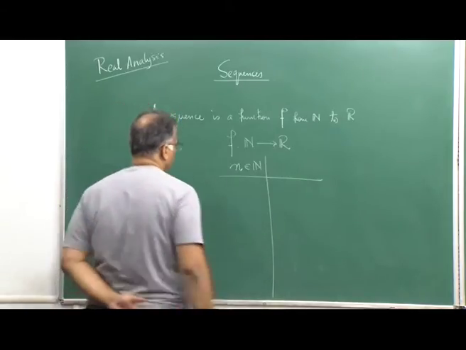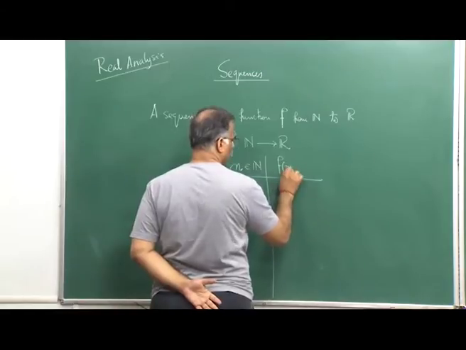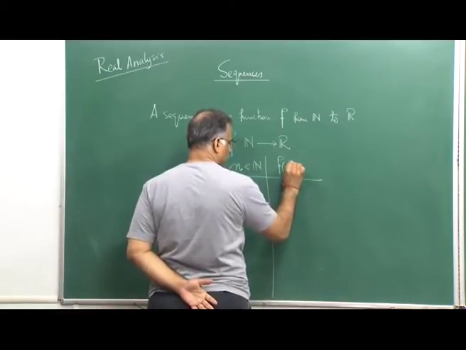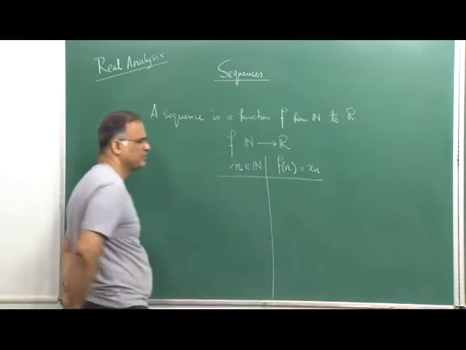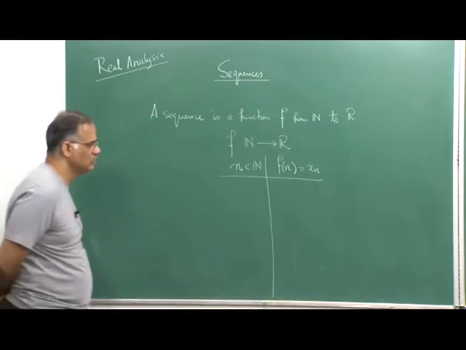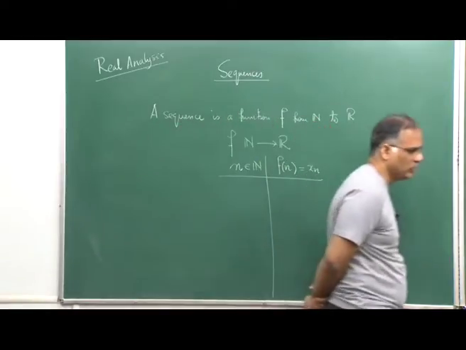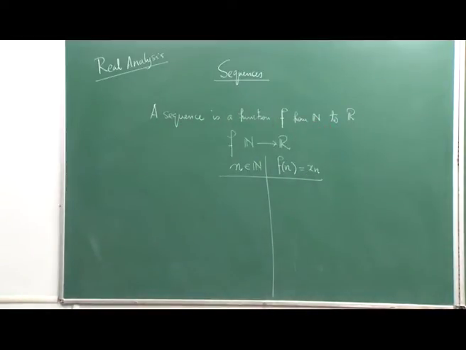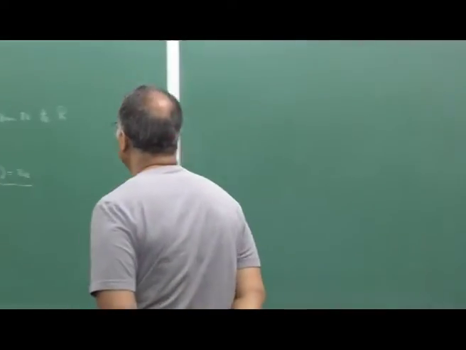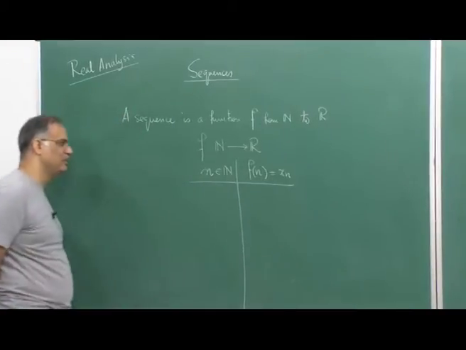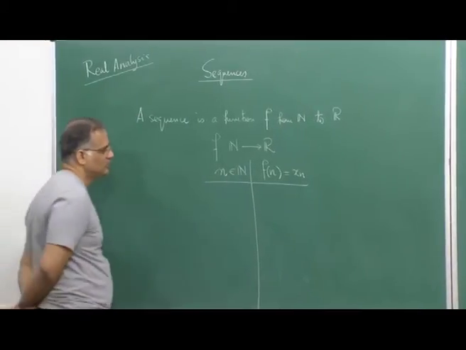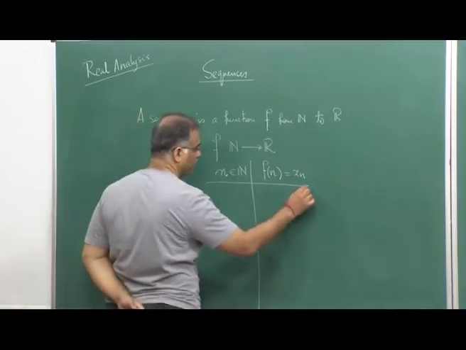And this is f of n, which traditionally, the world over, has been denoted by xn. I of course do not know the reason why they have done so, but it is used. It is very difficult to say the reasons. I think there is some book on the history of mathematical symbols. I can tell you later on, but I do not remember it right away.